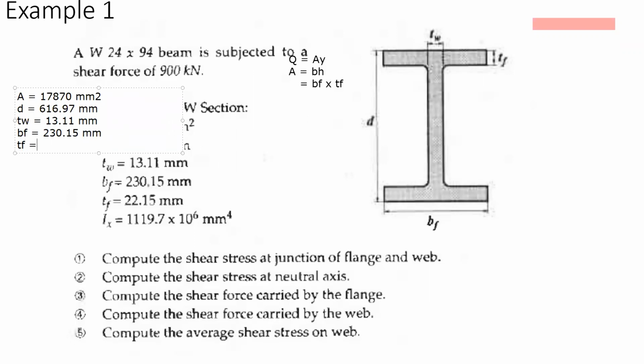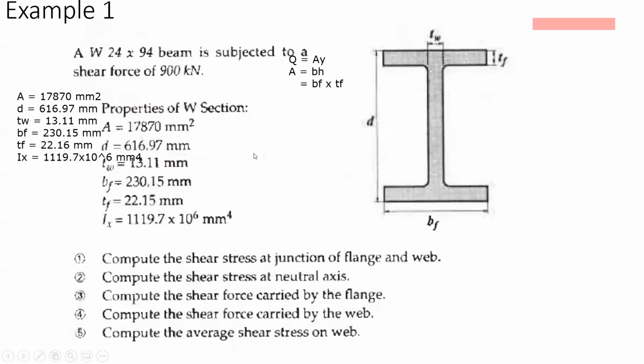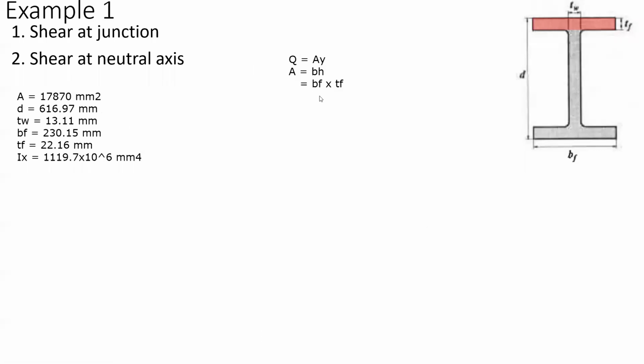TF is equal to 22.15 millimeters, and IX is equal to 1119.7 times 10 raised to 6 mm to the fourth. So let's continue.